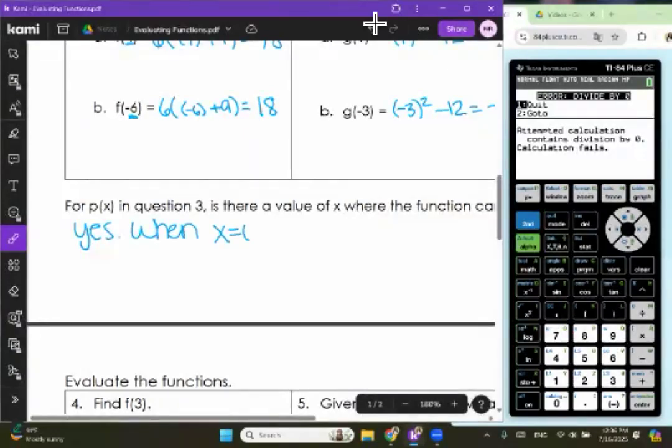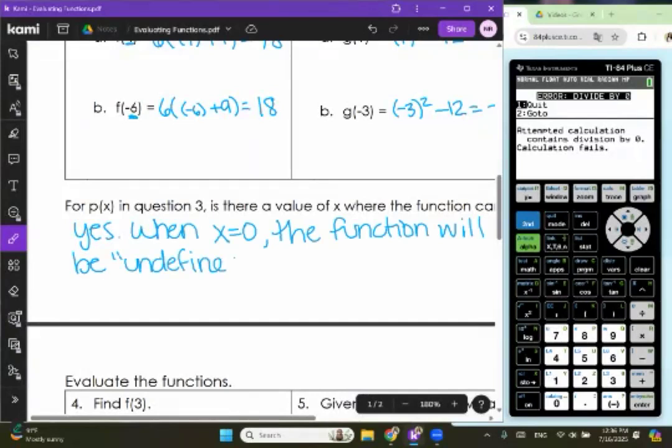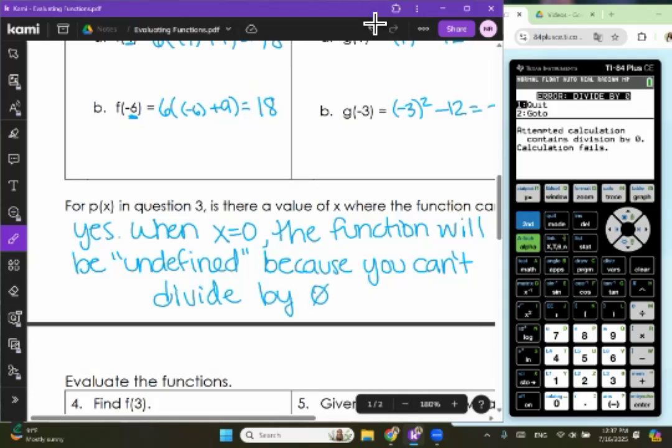When x equals 0, the function will be undefined. Okay, because you cannot divide by 0.